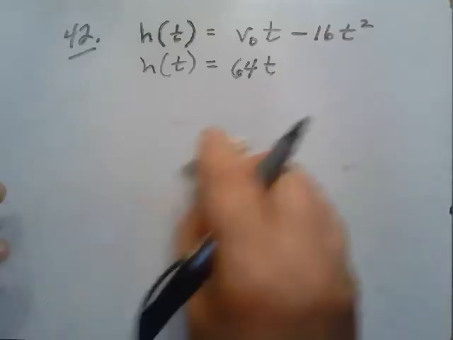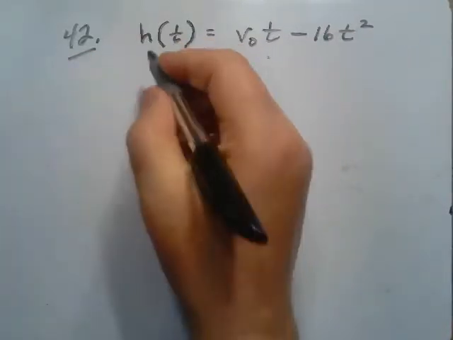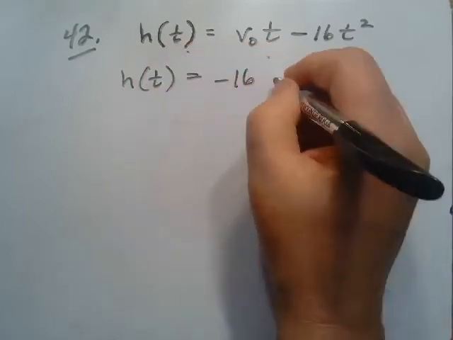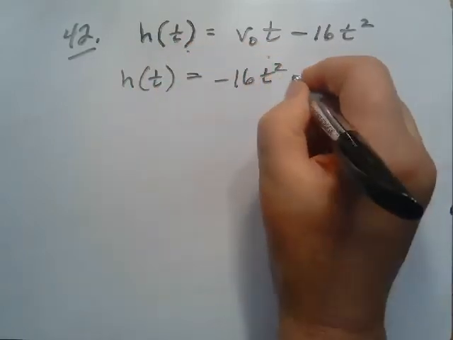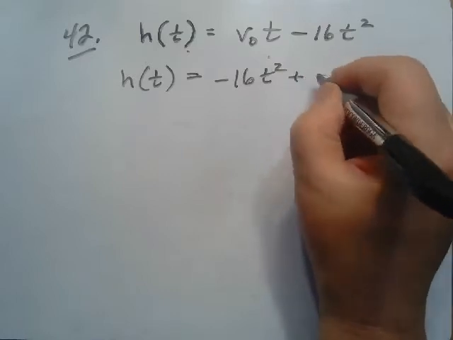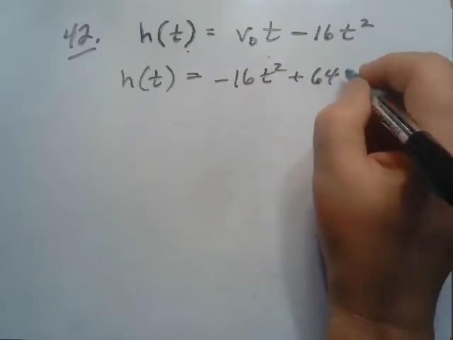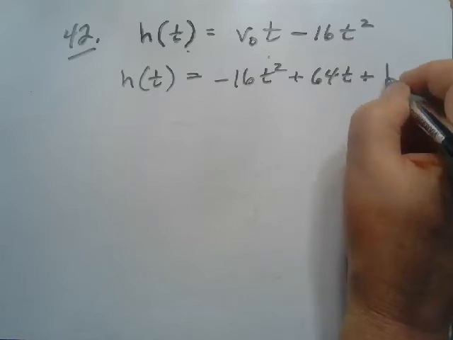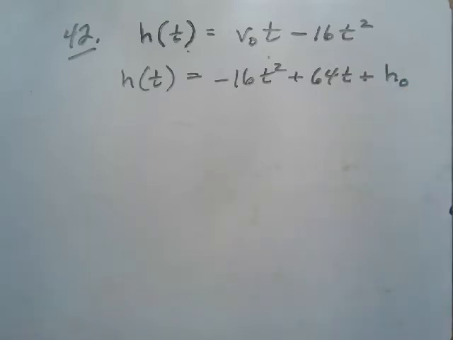Actually, let's just use the formula that I had here. I like it better because it's got everything on it. So negative 16 t squared plus the velocity, which is 64, times t plus the initial amount, h sub o. We'll talk about that in a second.